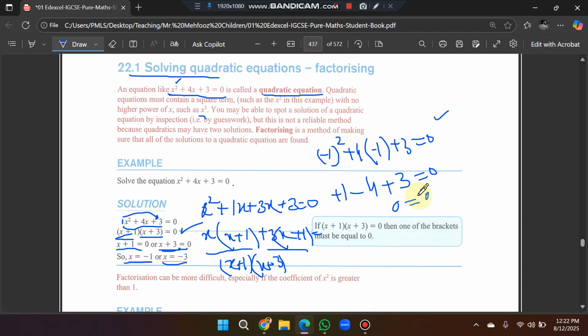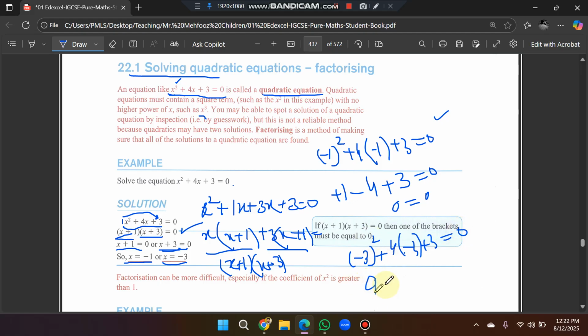If you are checking the second one, that will be minus 3. So it becomes minus 3 square plus 4 into minus 3 plus 3 is equal to 0. So what is minus 3 square?